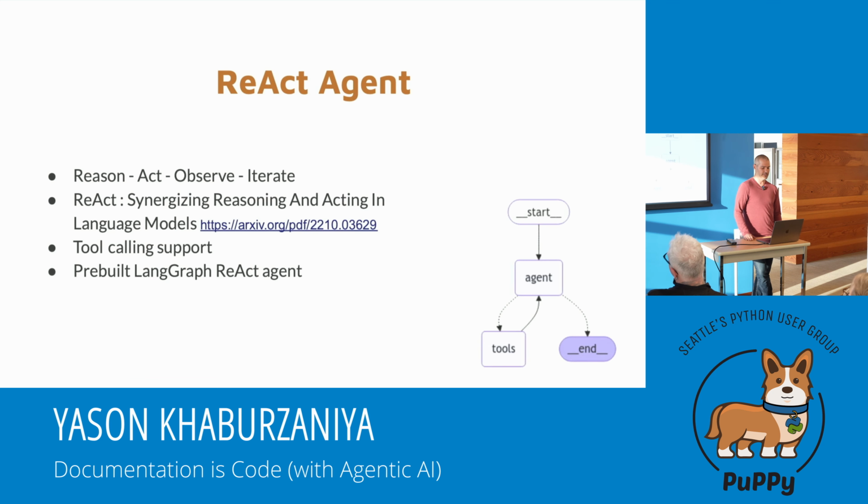We're going to use a pre-built LangGraph React agent that looks like this, where at the start you send a request to the agent. The agent reasons about your request. If it decides that it needs to use a tool, it will call the tool, provide some response, the agent reasons again, and keeps going in this loop until it can satisfy the request, and it ends the cycle.